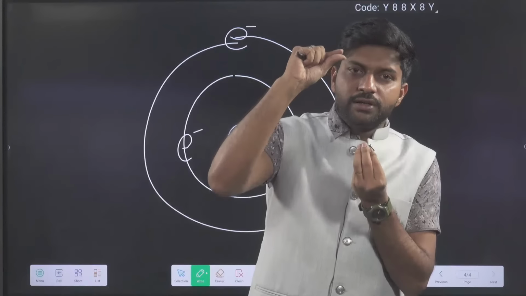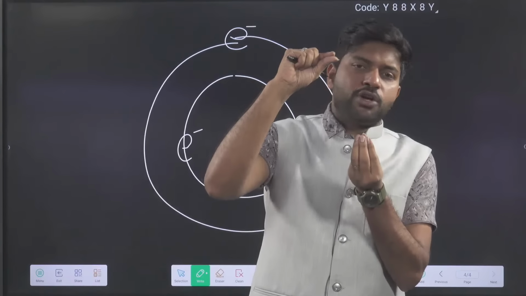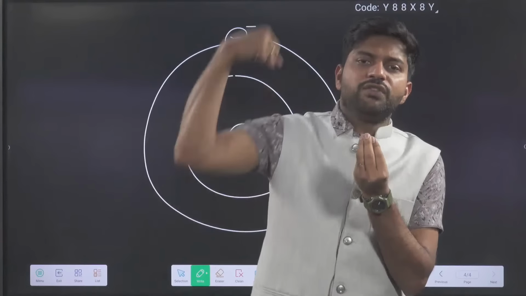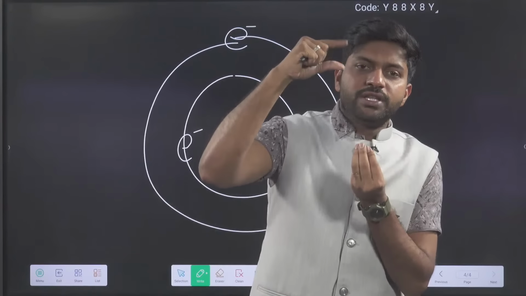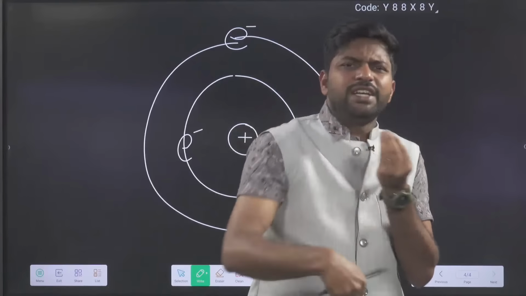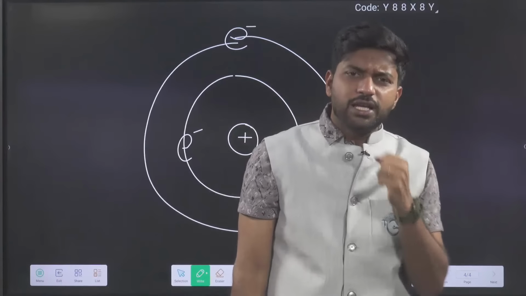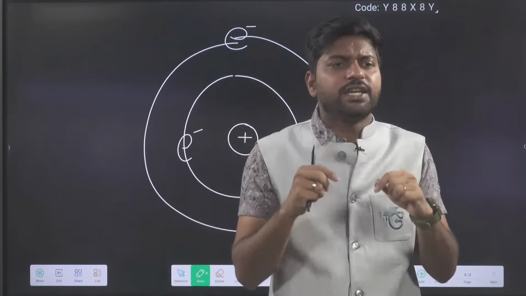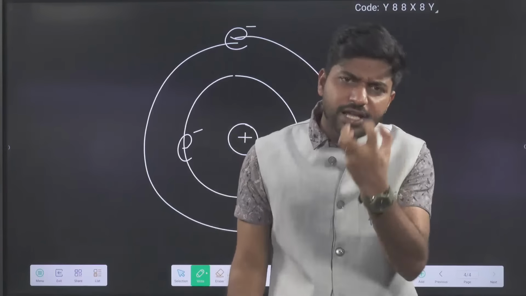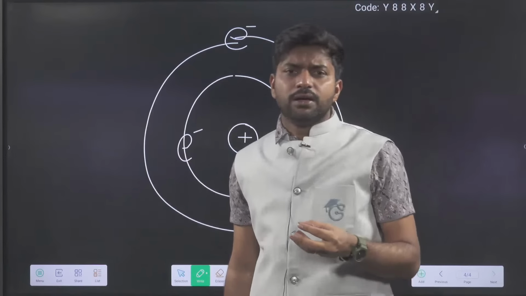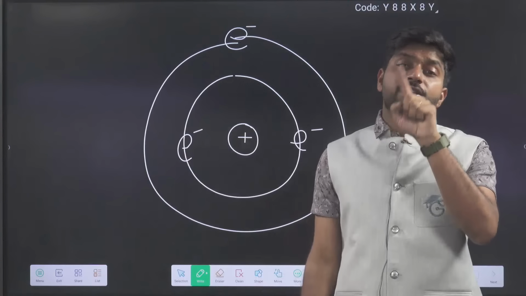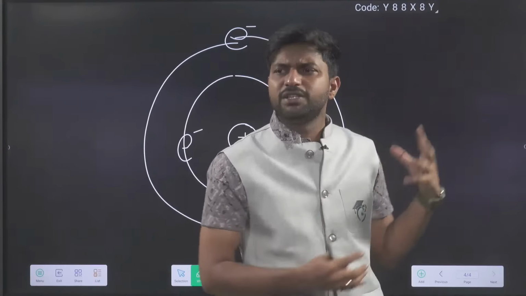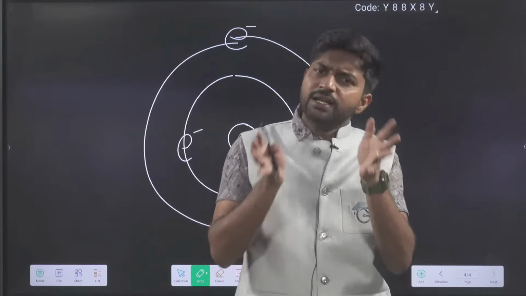Here the nucleus, a positive charge particle, is available, and the electron is revolving like that. So this particle will lose energy. Activity is happening. Your eyes are blinking, you are eating, you are walking, you are doing any activity, energy loss happens. It is the natural thing. But that energy you are providing to your body by eating, and many processes happen, means glucose is going to burn inside your cell.